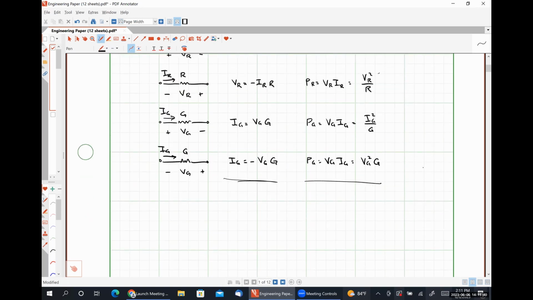Okay. So resistance is a measure of how difficult it is to pass a current through a particular medium.